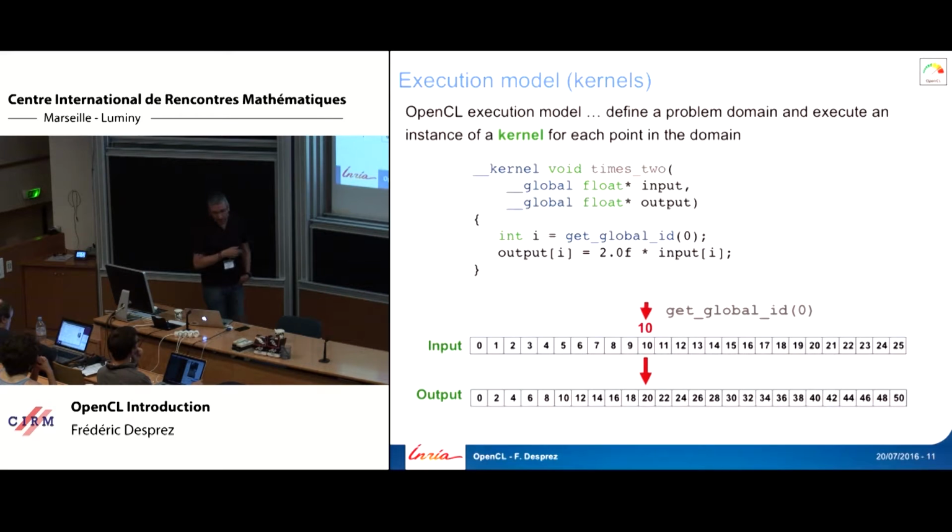As I said, the execution model is based on kernels. Each kernel executes for each point of the domain. With another simple example here, you take off the loop, and you get the global ID, and you have this correspondence for each point of the loop.